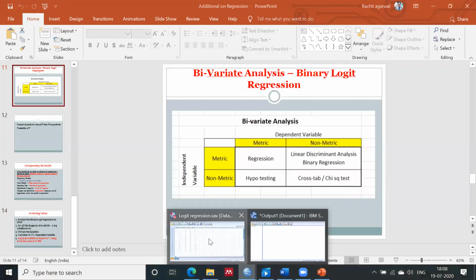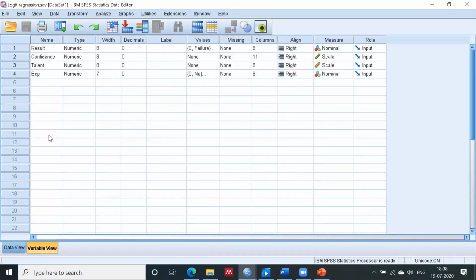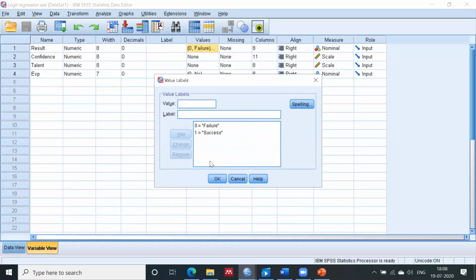So in the SPSS, I have just opened this file, logit regression. Result, confidence, talent, and experience are there. In the variable view, you can see what exactly each variable stands for. So this is my result criteria. 1 is for success I have given, and 0 for failure.